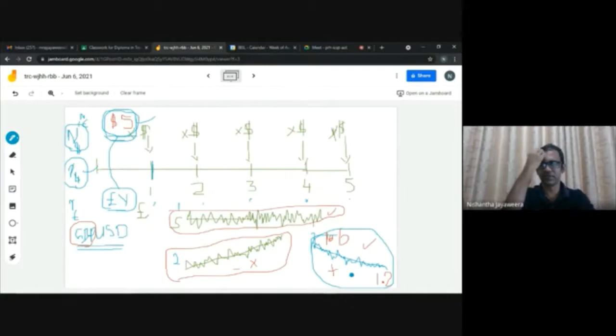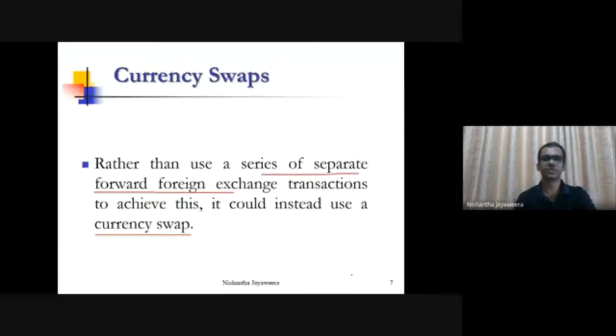Is it worth paying the upfront premium, or is it worth going for this? So for the same risk to hedge, you may have more than one alternative, different methods.